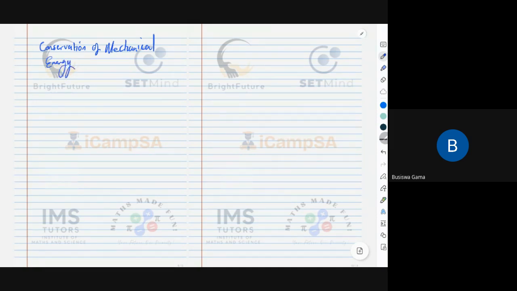So conservation means remaining the same. If you're conserving something, it's more like you are saving it. If I give you 10 rand today, even tomorrow you're going to come back with 10 rand. If I give you 10 rand while you're at school, then you come back home with 10 rand also. Right? So you have saved that 10 rand.